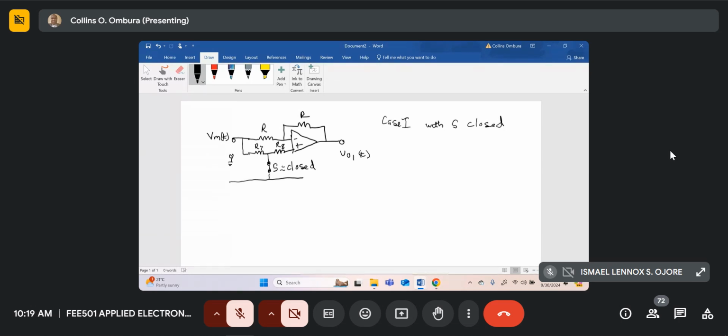So for the switch is closed means the control voltage to the FET is equal to 0. So when the switch is closed, we can draw an equivalent circuit of this. So the equivalent circuit, you'll have your input and go to R7 to the ground.